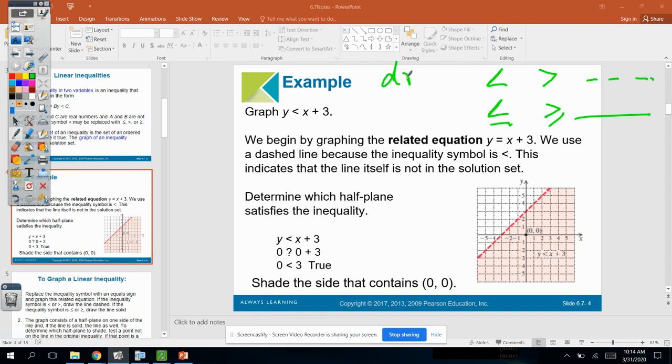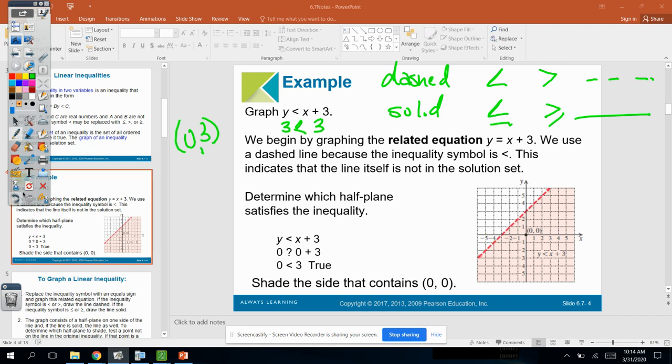Those will be dashed. These will be solid. Because it's dashed, that's actually not part of the solution. Look, that point 0, 3 is not part of the answer because 3 is not less than 0 plus 3, or 3. It's not less than that. It could be less than or equal to, but it's not that.